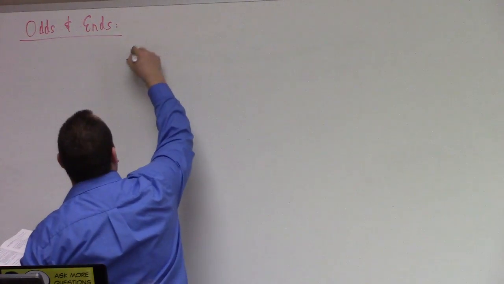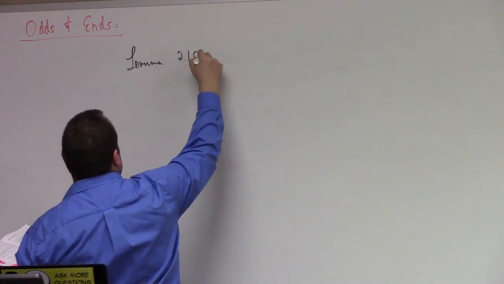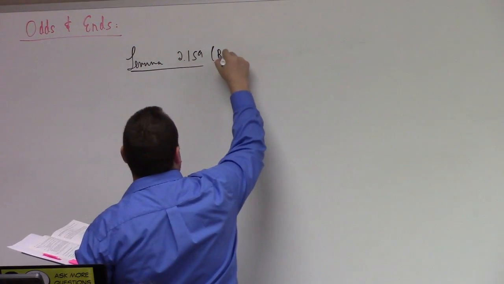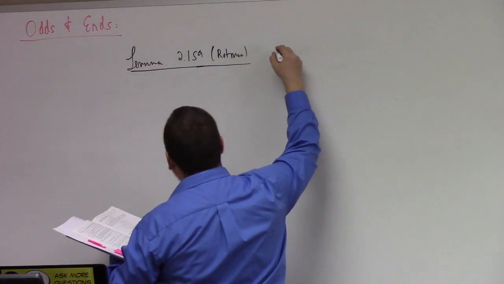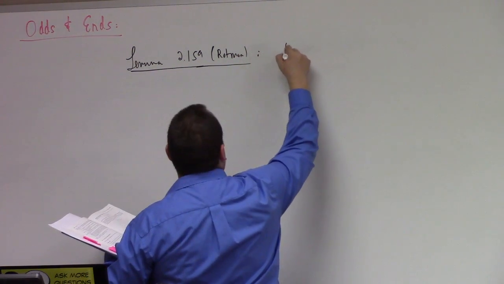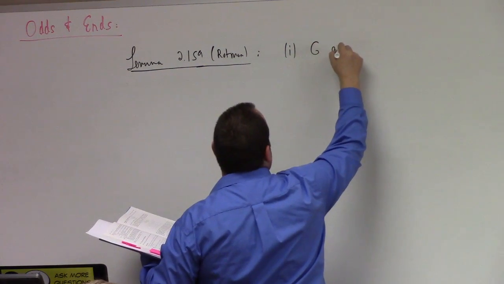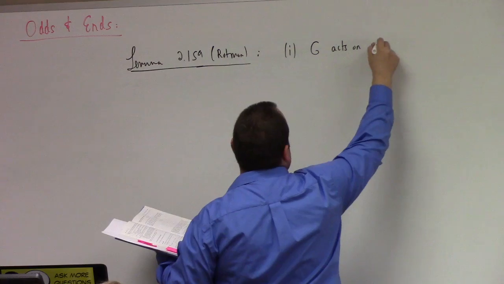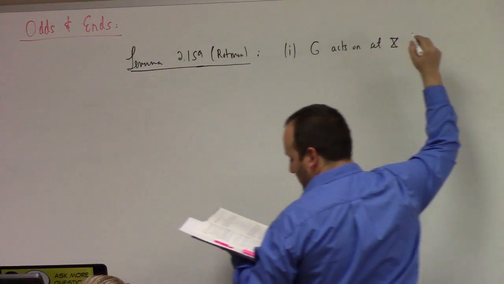Lemma 2.159 in Rotman. One, if G is a group, so Rotman likes to use big X for his set. We use a capital S for this mostly.